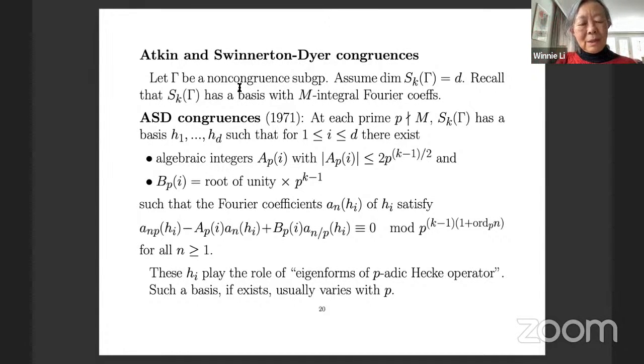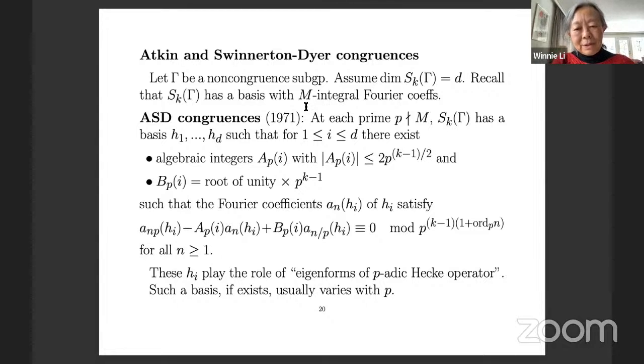And also we remarked before that the weight k cusp forms for Gamma have a basis which is integral outside some integer M.